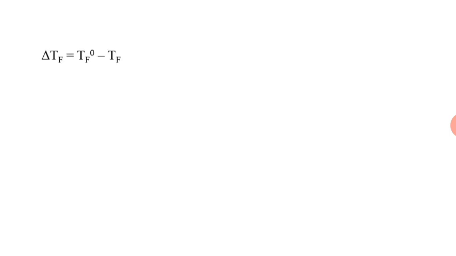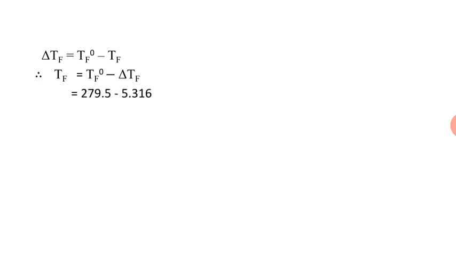Therefore, we know delta TF is the difference between T0F minus TF. Before putting the value of delta TF, just rearrange, so you will get the freezing point TF is equal to T0F minus delta TF.